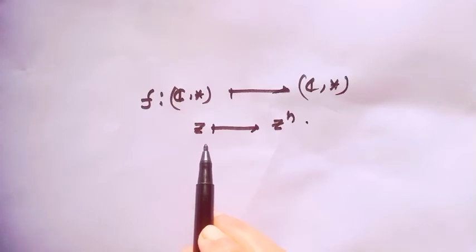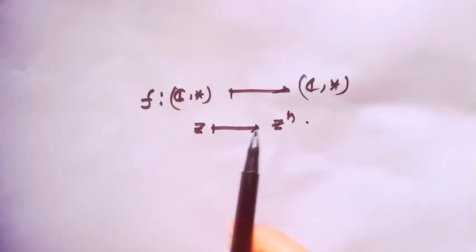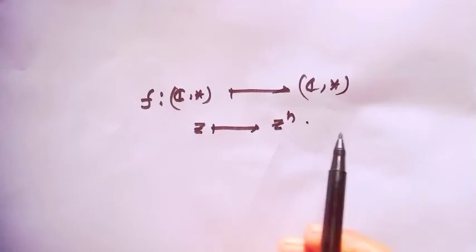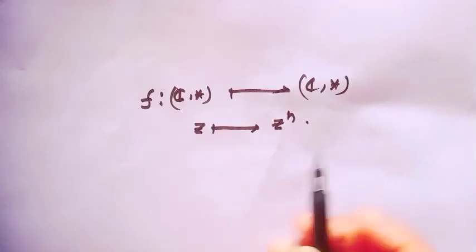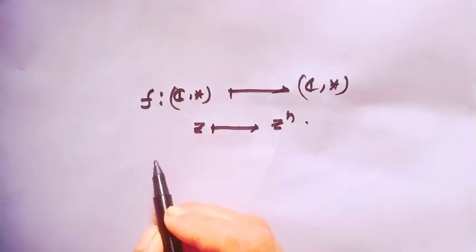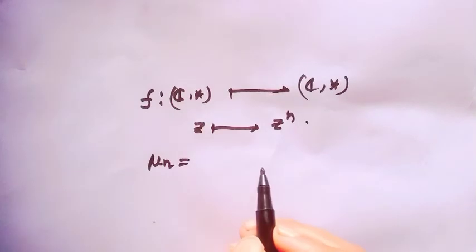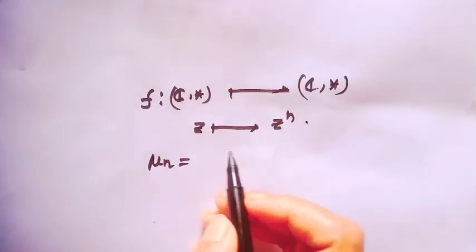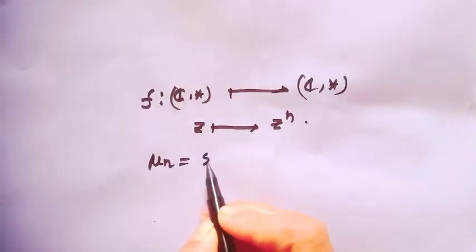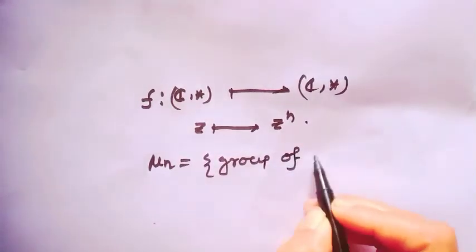Here z is any non-zero complex number. And this map is always a homomorphism. Check it. What would be the kernel? Kernel we have denoted as mu n, which is equal to the group of nth roots of unity.